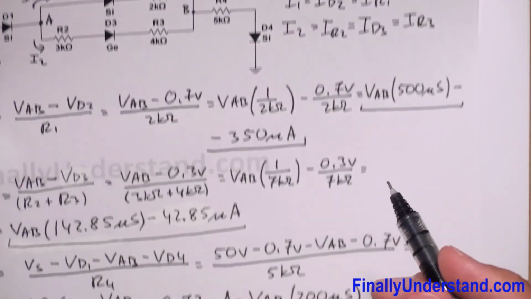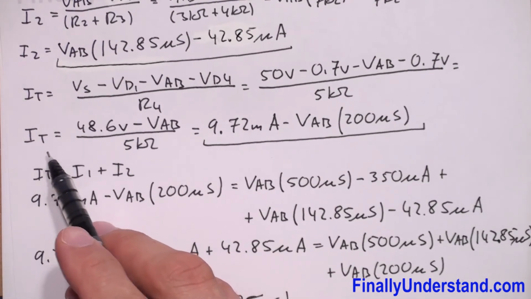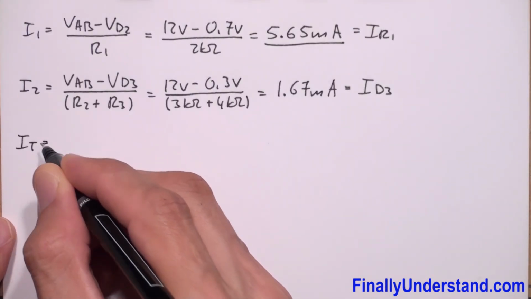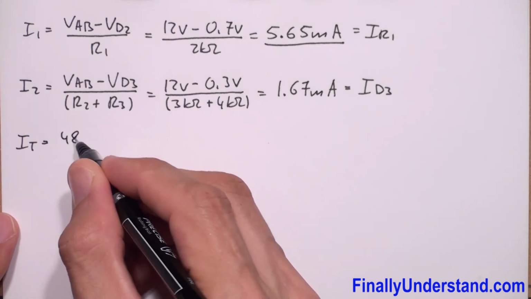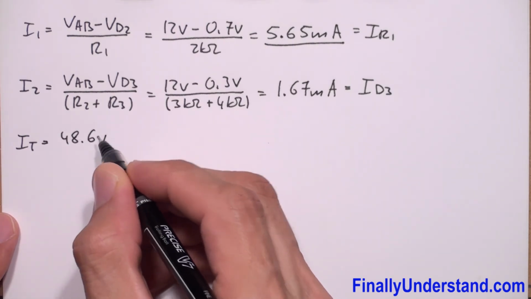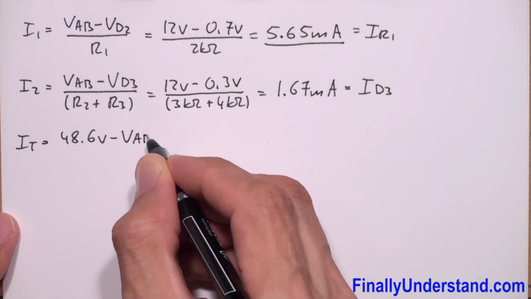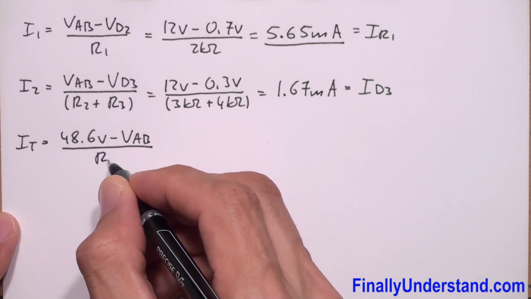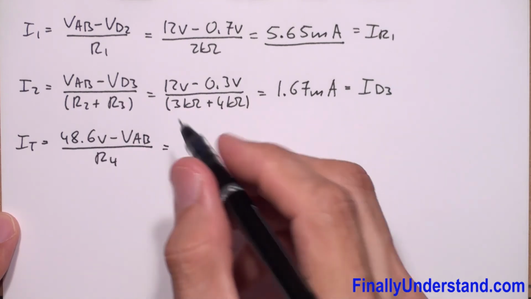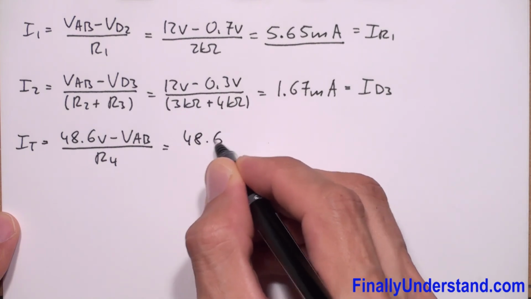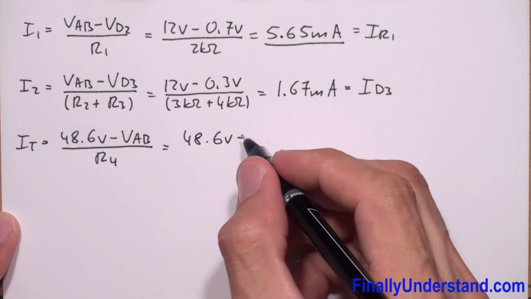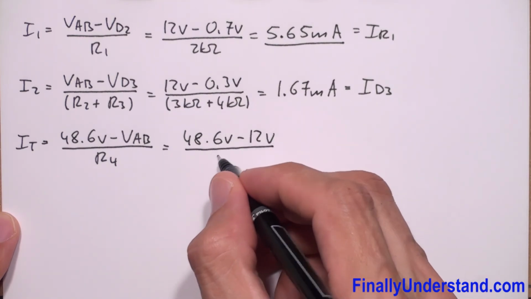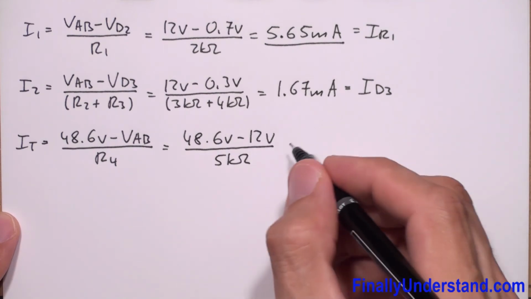Next, we're supposed to copy the formula for I total. So I have I total is equal to 48.6 volts minus VAB over R4, which is equal to 48.6 volts minus 12 volts over R4, which is equal to 5 kilo ohms.